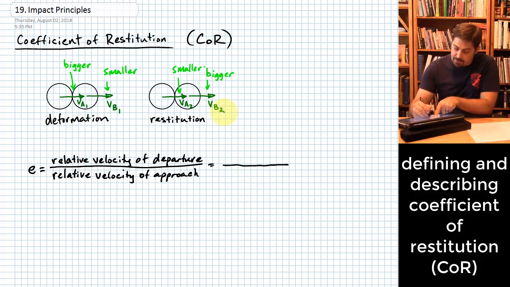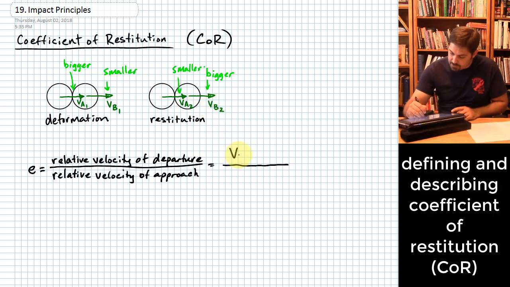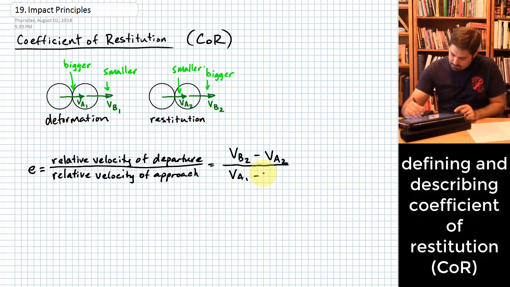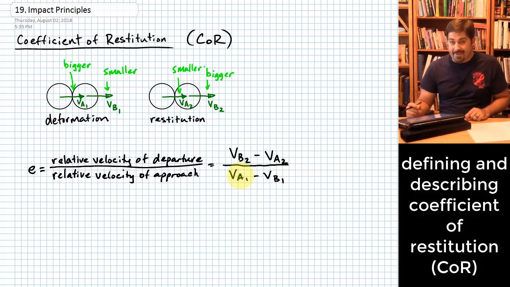VB2 is bigger than VA2, so you say VB2 minus VA2, where the 2 represents the second half of this collision and rebound. Then in the relative velocity of approach, you again take the bigger minus the smaller: VA1 minus VB1. And that's basically it.